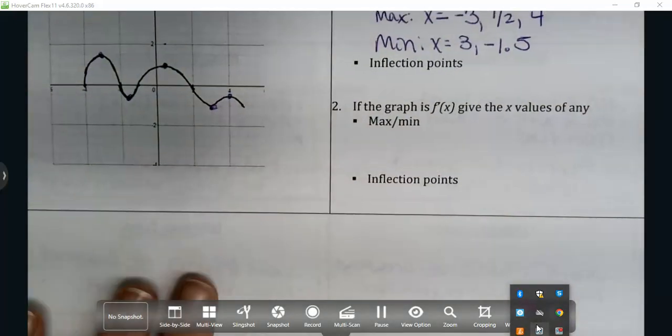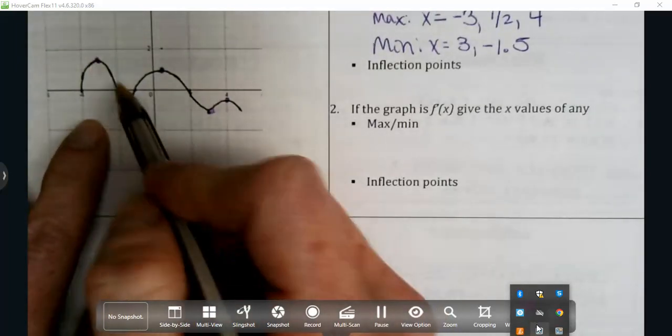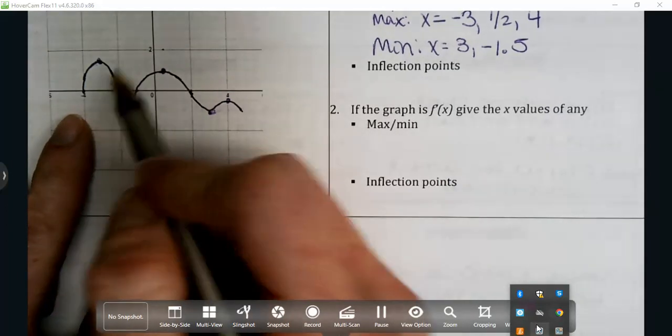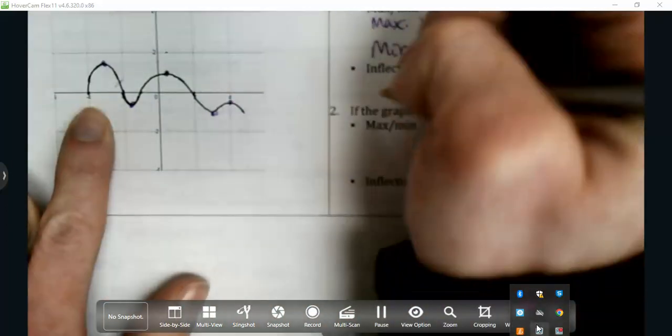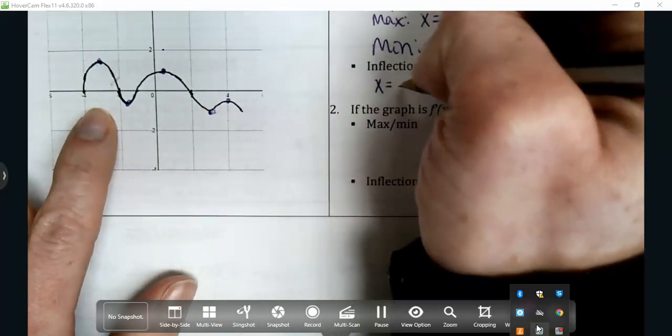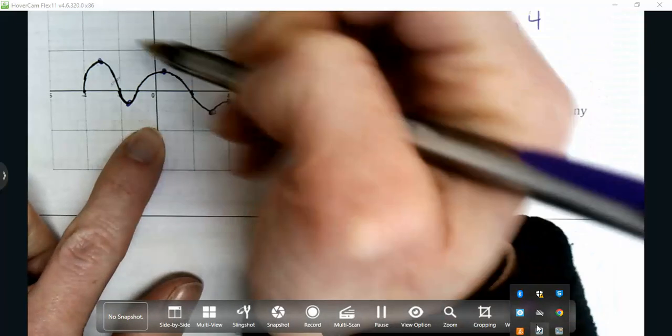Inflection points are where the concavity changes, so that has to change between these. So here we're at -3, -1.5. Somewhere in between those, my concavity changed. Obviously, we are estimating. What does that look like to you? Probably like -2.25. That's what I was going to say. All right.